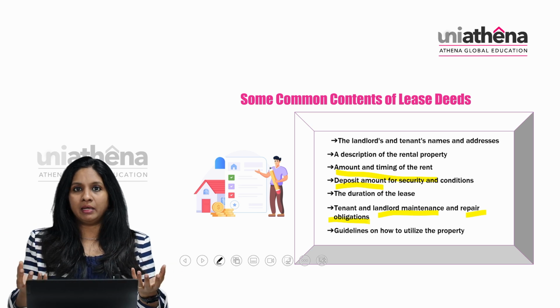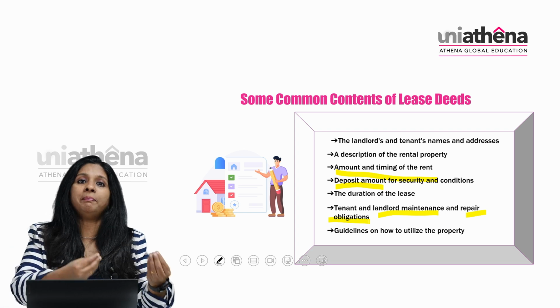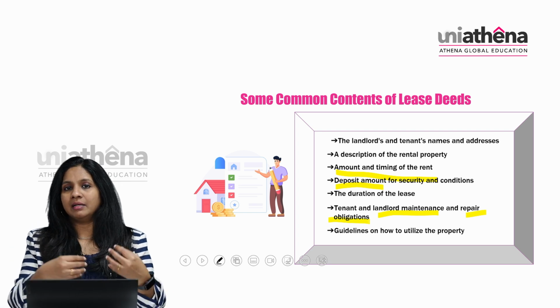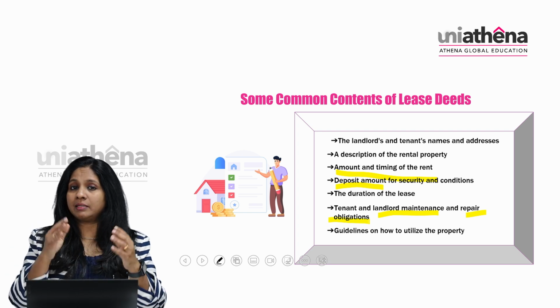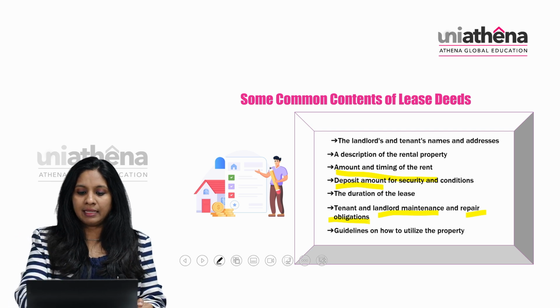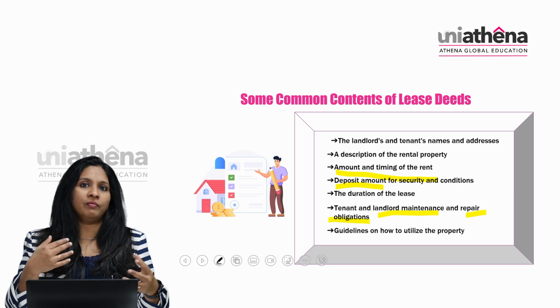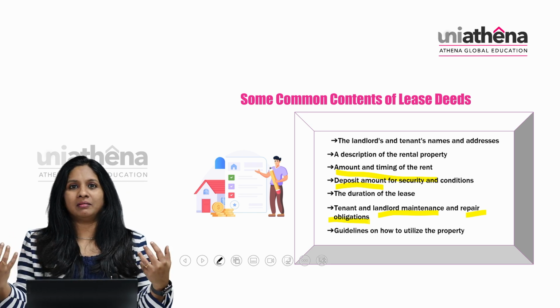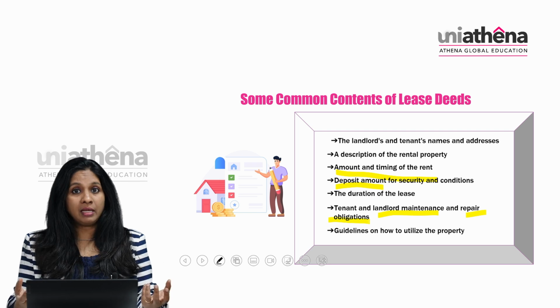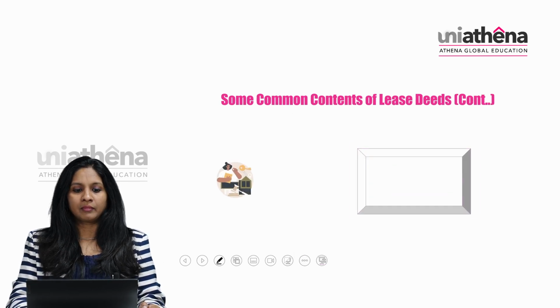If there is any minor repair also, who will pay, or how the money will be given, that should be mentioned. The terms and conditions of such things should be mentioned in the lease deed. Then come guidelines on how to utilize the property, how you have to maintain it, or certain other rules and regulations, if any. That must also be recorded in the lease deed.